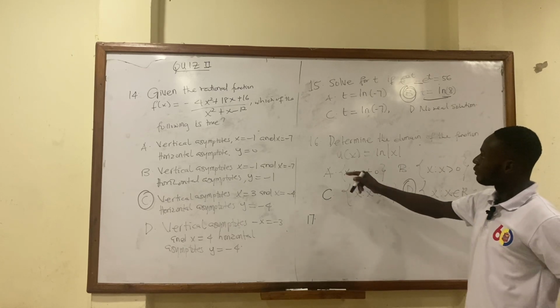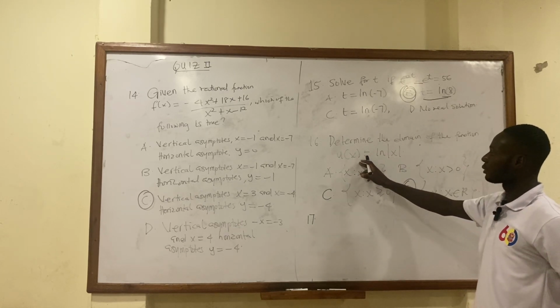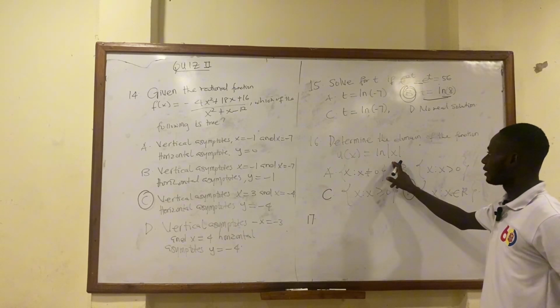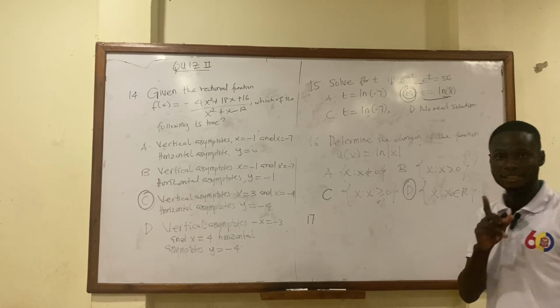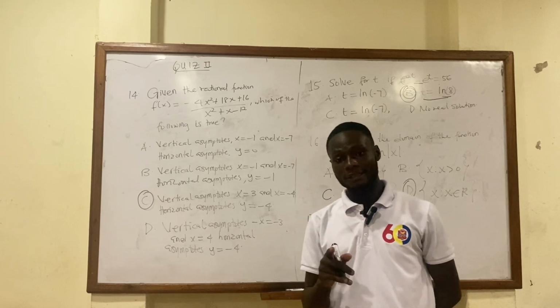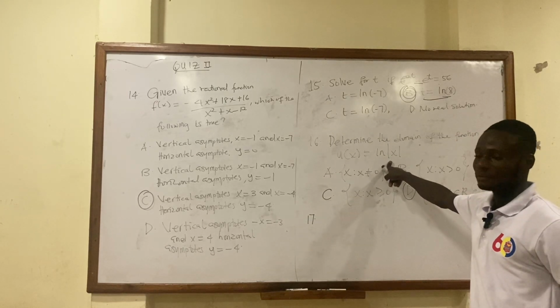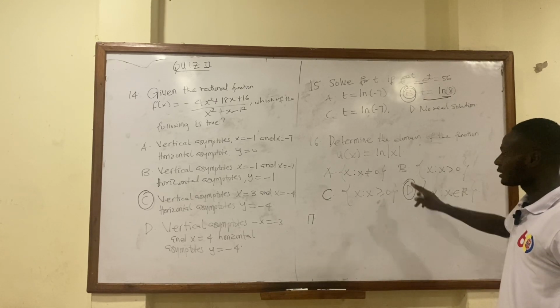Alright. And then question 16, we say determine the domain of the function u of x is equal to ln absolute x. Alright. Since it's absolute x, you know, we don't have negative number for logarithm. Logarithm doesn't hold for negative values. So that is why we say this is absolute x. So if it is absolute x, what is the domain?